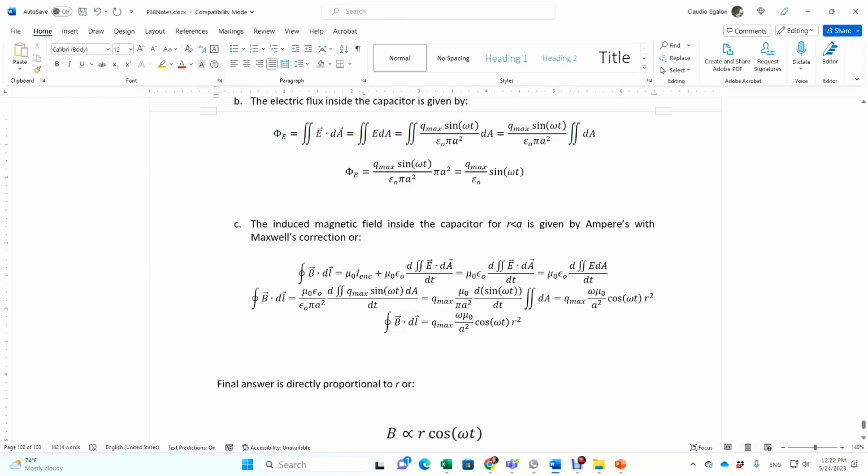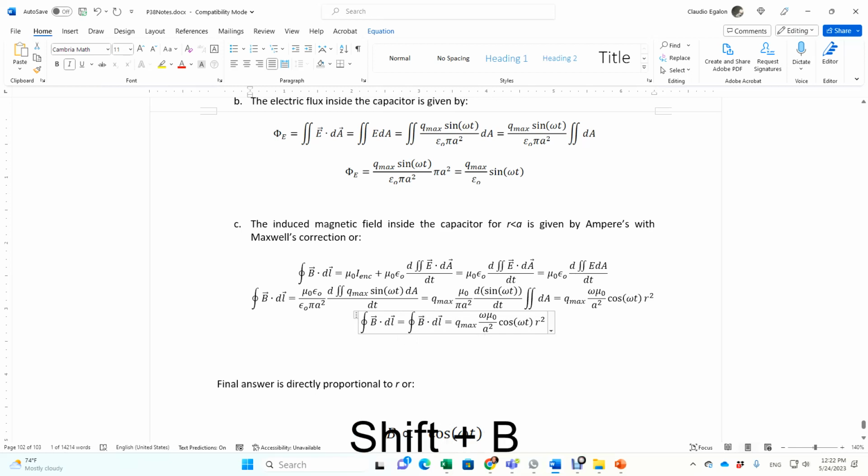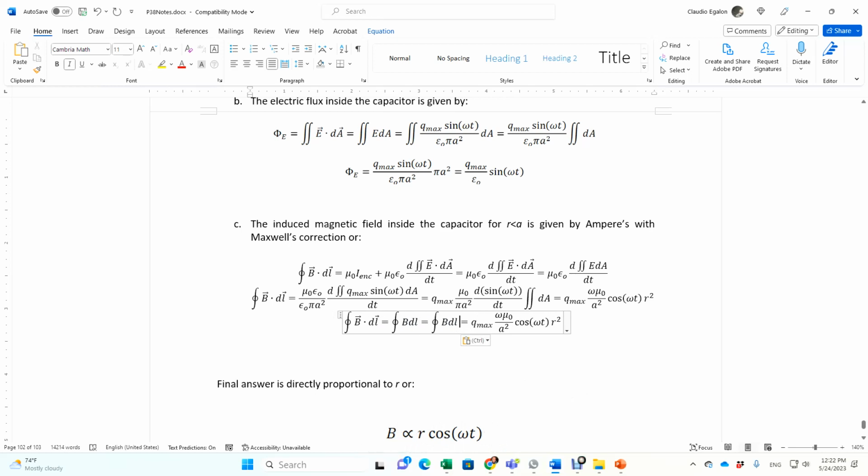Okay, on the left side we are taking that Amperian loop, right? For B, we're going to choose the loop in the same direction as the magnetic field. Consequently, B dot dl is going to have the same direction.